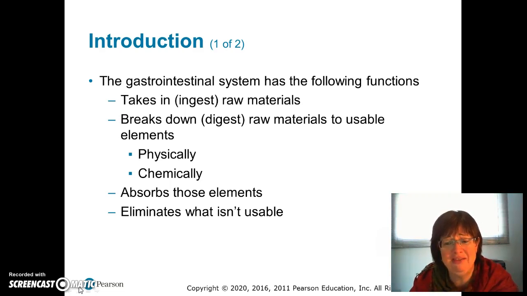Then you must have absorption, so they must be small enough to get from the gut tube into the bloodstream, and then you eliminate that which you don't use.